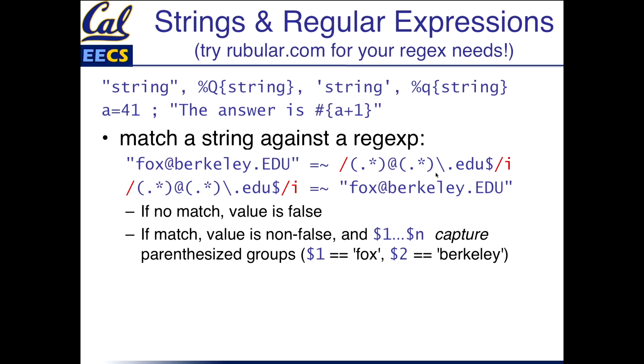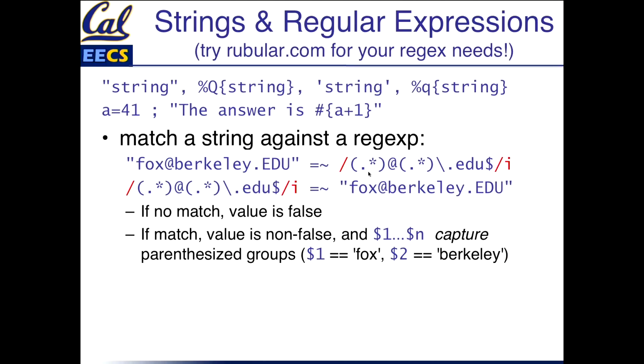As you all know, this regular expression says match 0 or more of any type of character, followed by an @ sign, followed by 0 or more of any type of character, followed by a dot. The backslash means this dot is not a wildcard, it's actually just a dot, followed by the letters edu, followed by the end of the string. So in this case, the regular expression match would succeed.